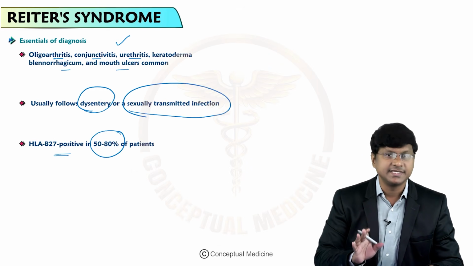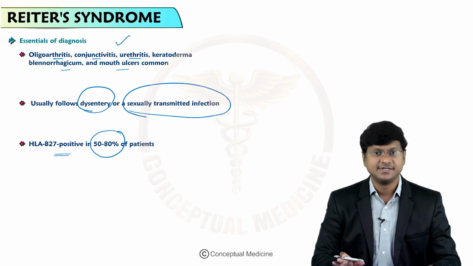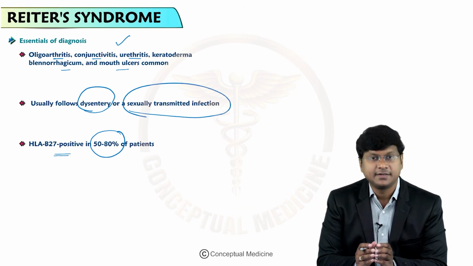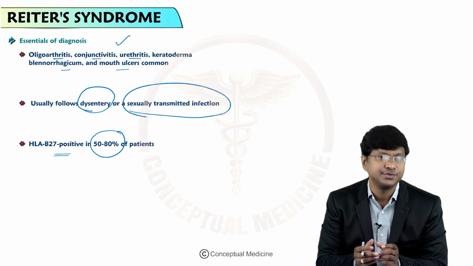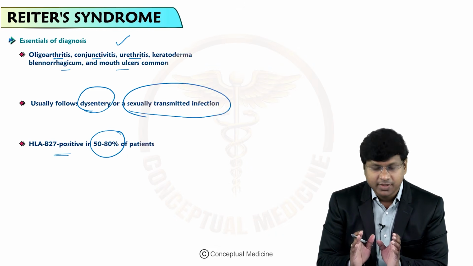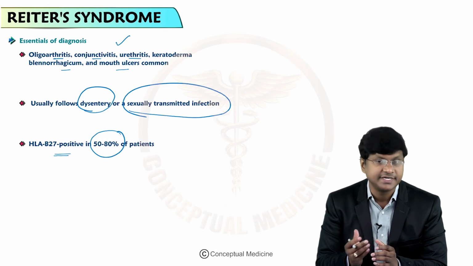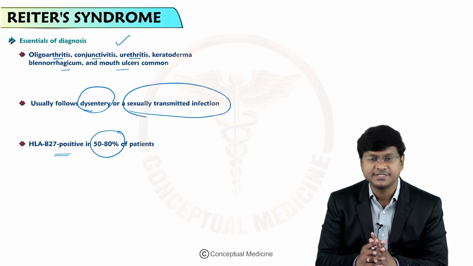You have to know that with an antecedent gastrointestinal or genitourinary infection, the individual developing asymmetrical arthritis along with conjunctivitis and urethritis, one of the very important differential diagnoses will be Reiter's or reactive arthritis. Thank you very much.